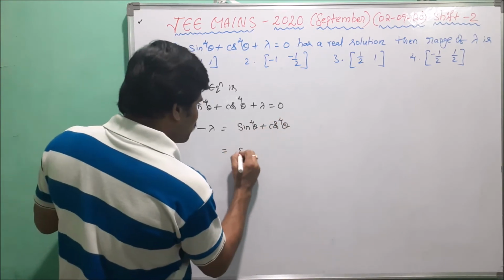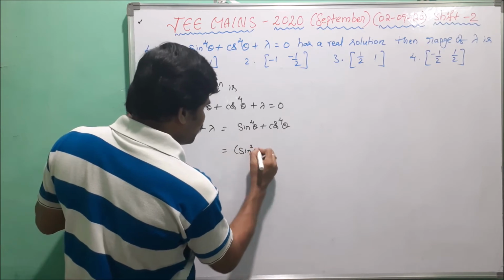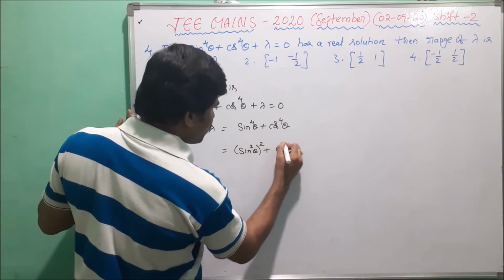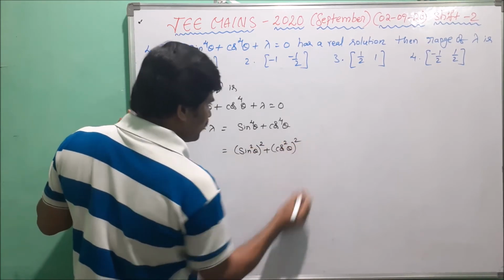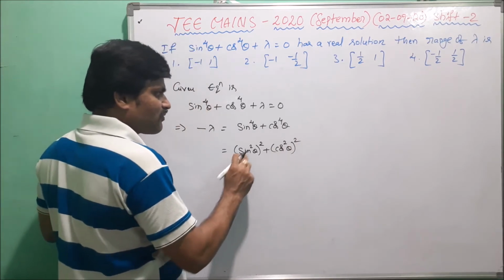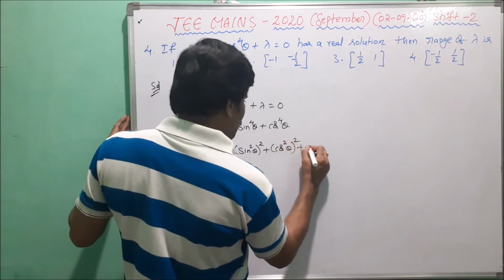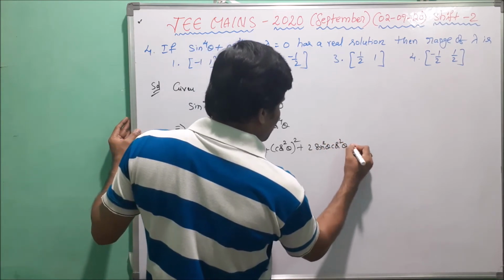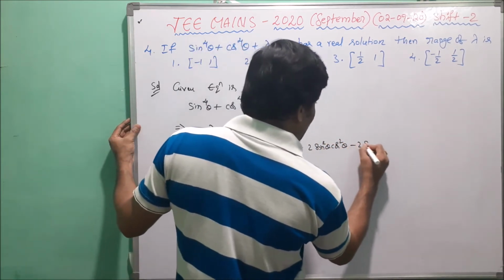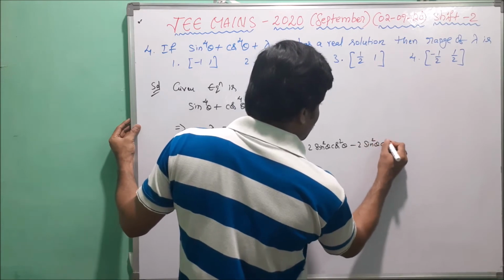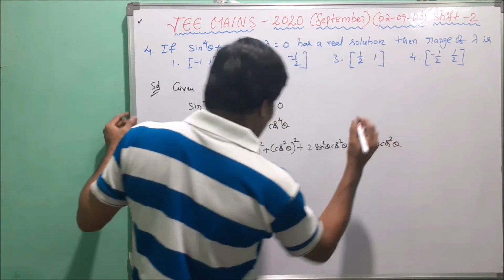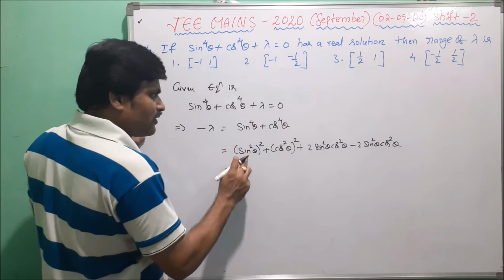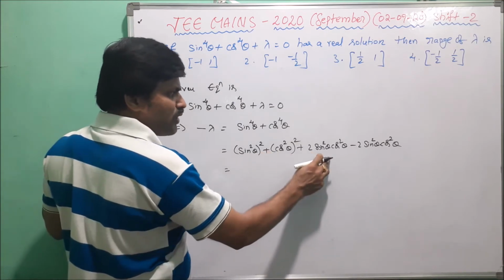Now here we write (sin² theta) whole square plus (cos² theta) whole square. Here this is the form of a square plus b square. Now add 2 sin² theta cos² theta and subtract the same value, minus 2 sin² theta cos² theta. Here we observe this is the form of a square plus b square plus 2ab.